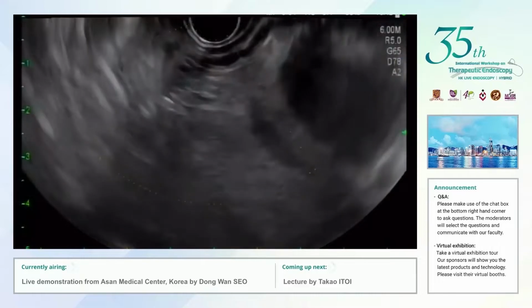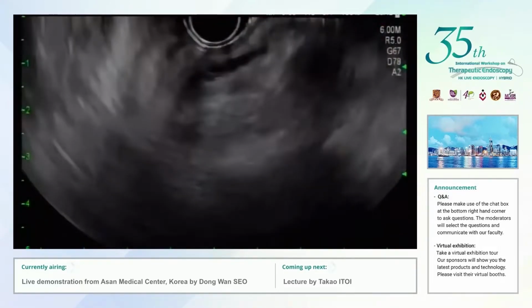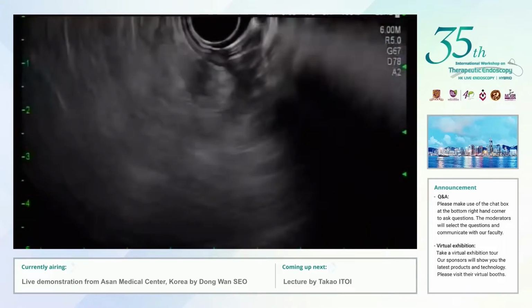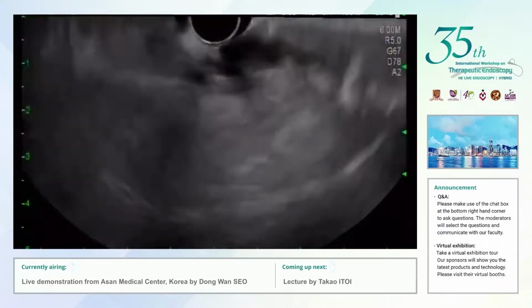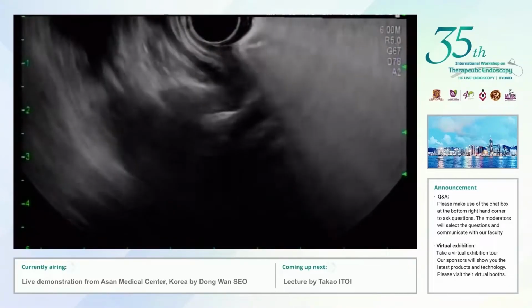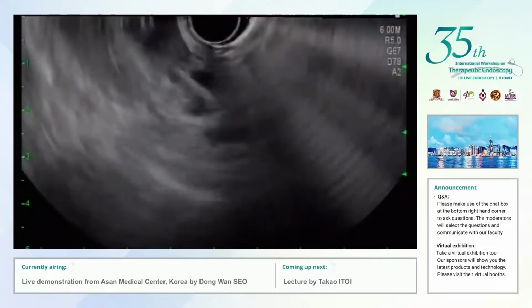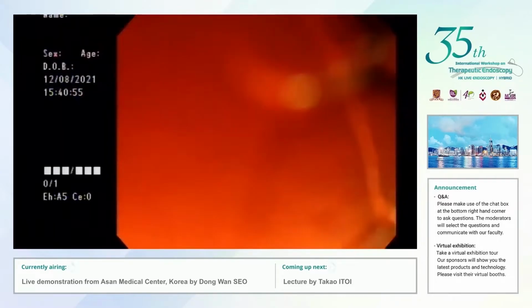I will go to the second duodenal portion. This is a transgastric view. But before going to puncture, I will check the pancreas head from the transduodenal view. I push my scope deep into the D2 area first. This is deep D2.